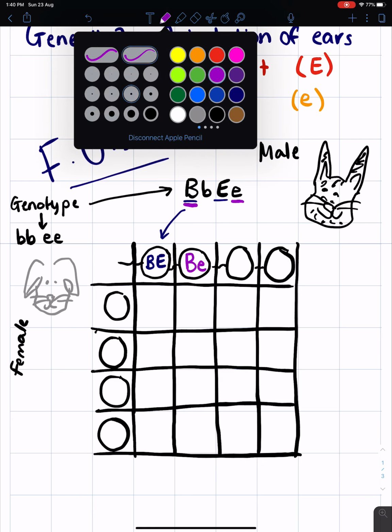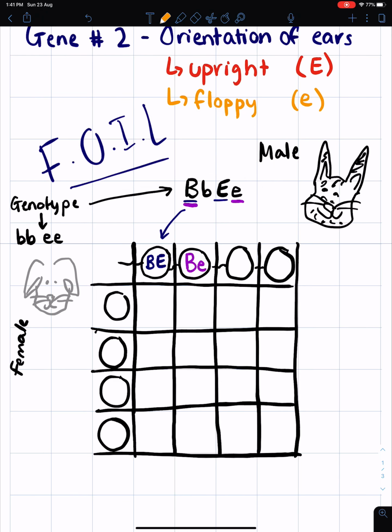I, we take the inner alleles, little b and big E. Little b, big E. And then L, we take the last allele from each trait or gene, so that would be little b and little e. Like so. So those are the possible allele combinations for those two traits that could be placed into the male gametes during segregation.